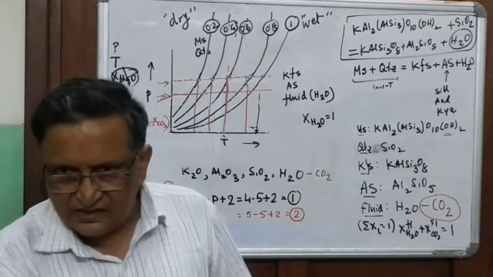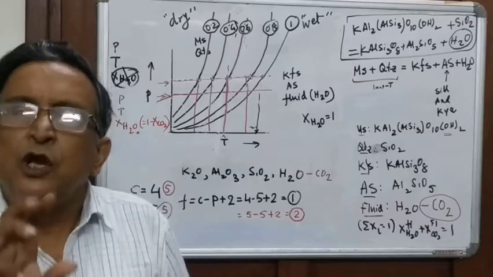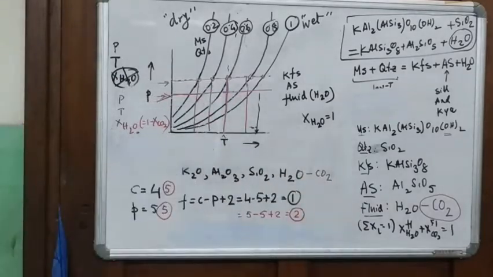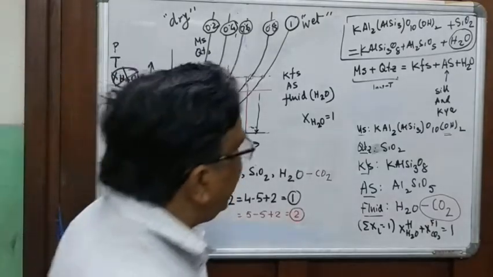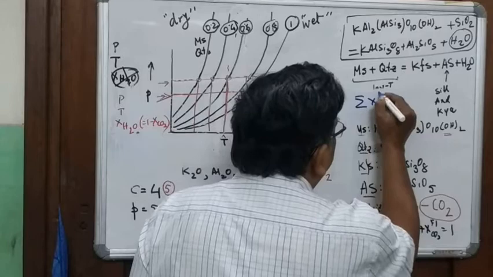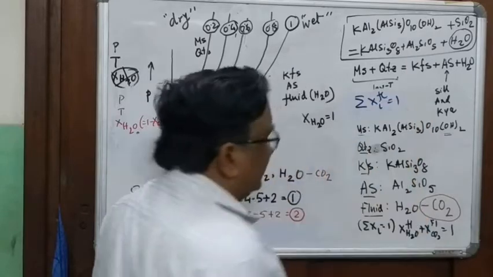But the fluid exists, but not as a phase. Not as a phase means sigma xi in the fluid is equal to 1.